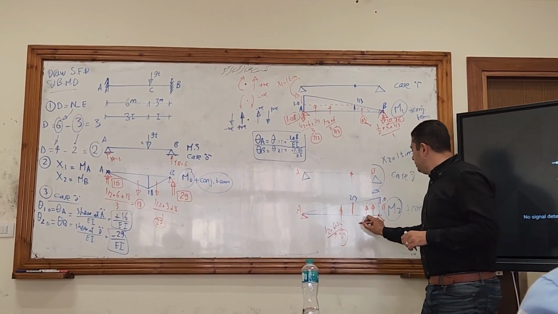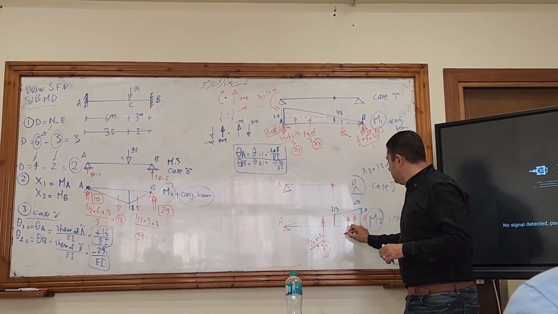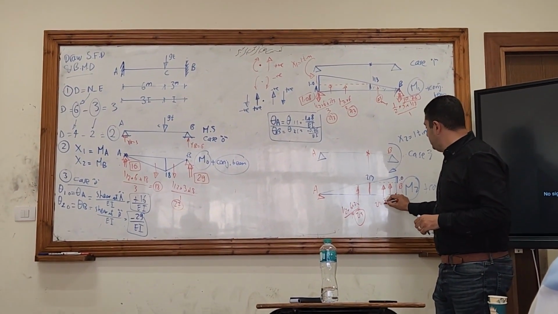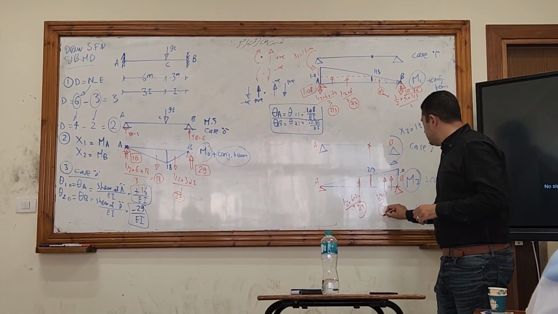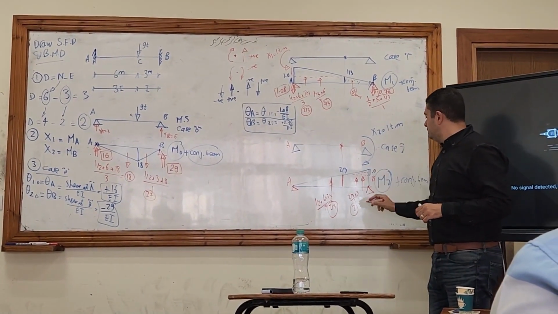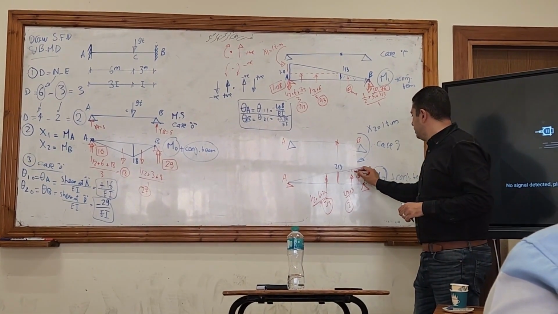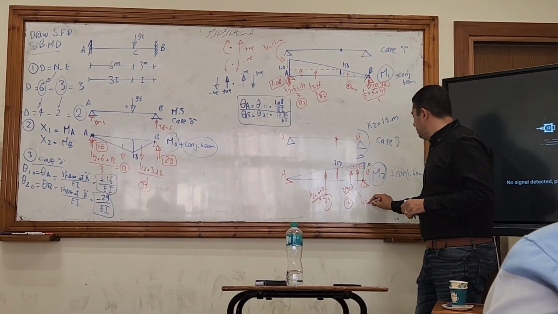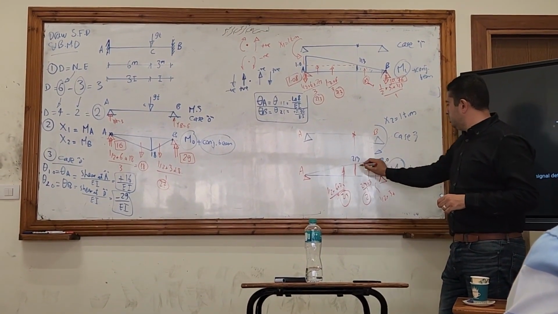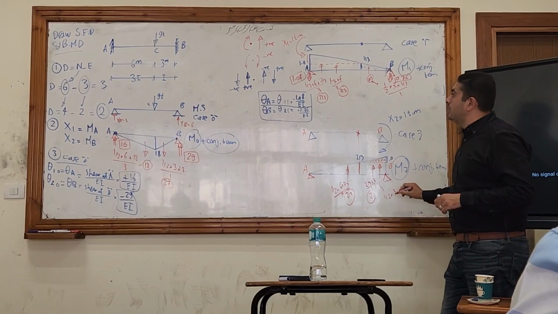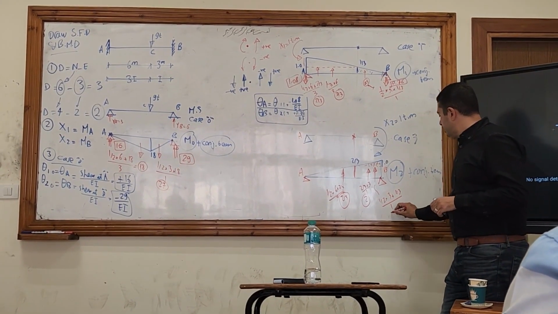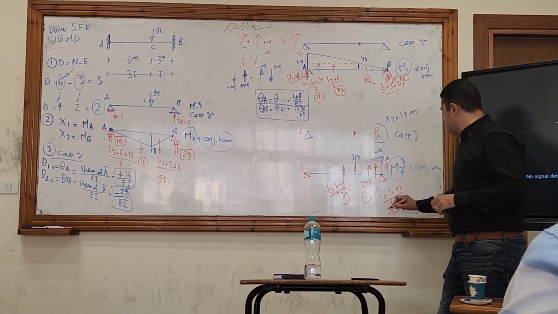The rectangle, base times height, 2/3 times 3 divided by 1, which is 2. This small triangle, half, base is 3, height is the difference between 1 and 2/3, which is 1/3, divided by inertia factor 1, so this will be half.